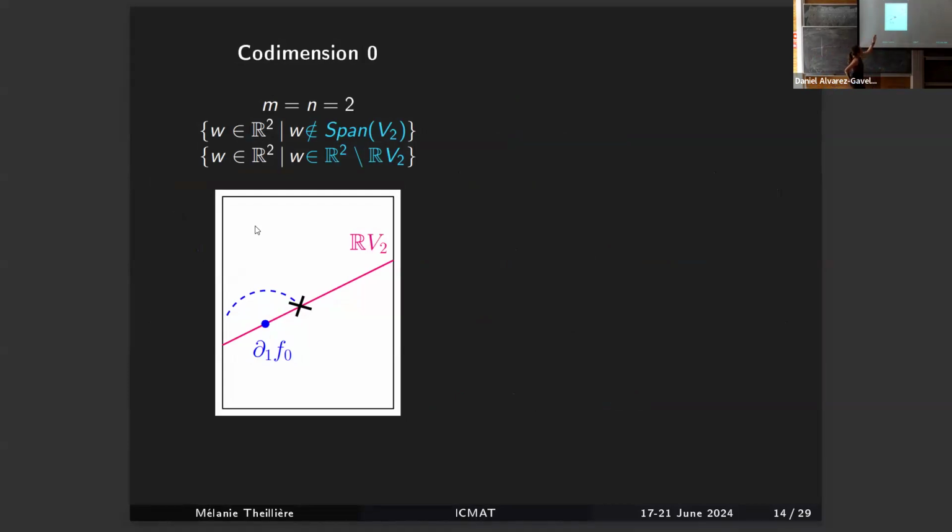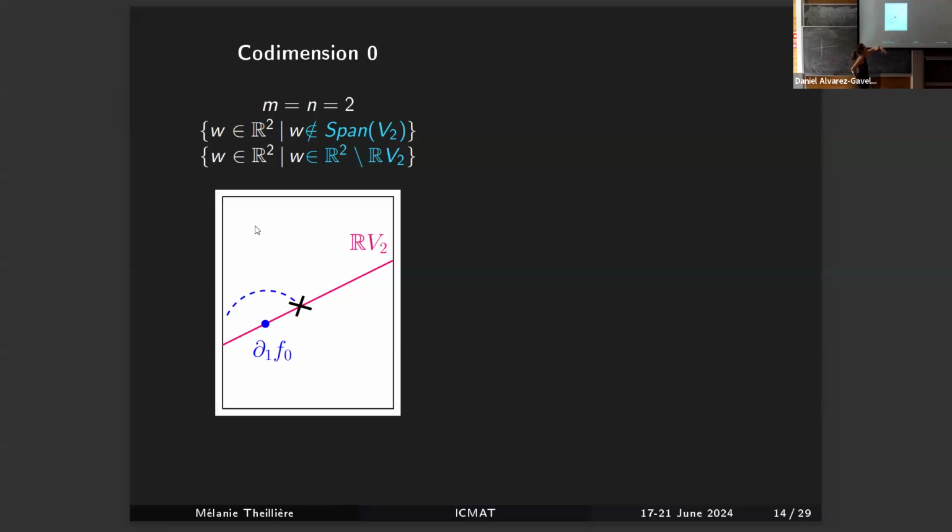So the slice is R2 except the line spanned by v2, and we have to find a loop gamma such that the image of gamma belongs to the slice, so does not cross Rv2, and of average equal to D1 f0.